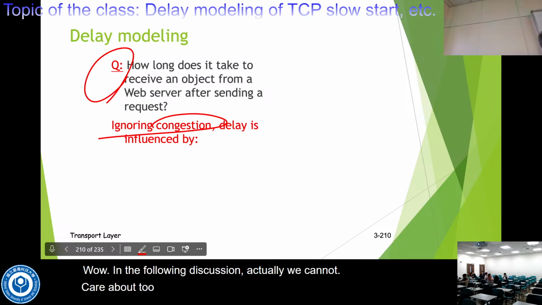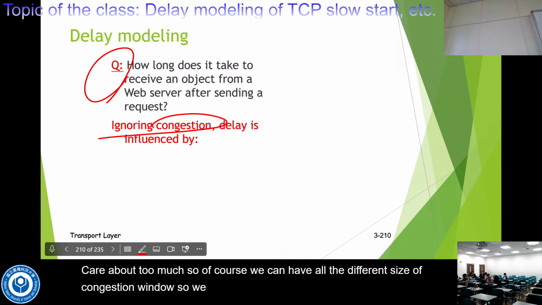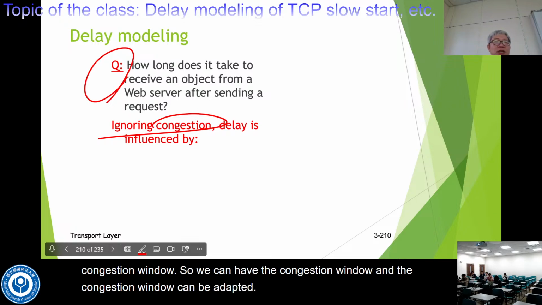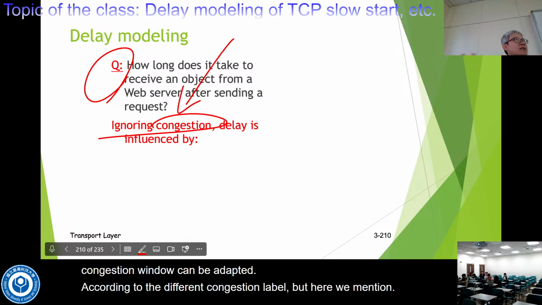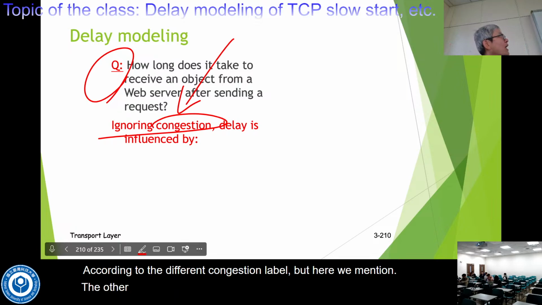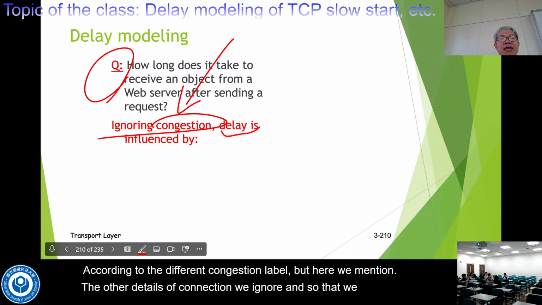Of course, we can have different sizes of a congestion window, and the congestion window can be adapted according to the different congestion levels. But here, the other details of the connection we ignore, so that we have the delay calculation.